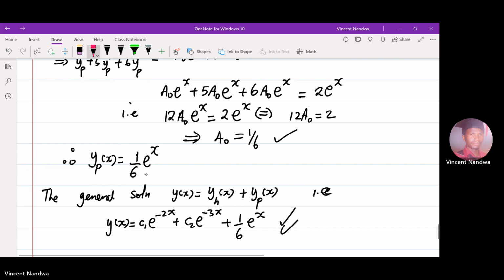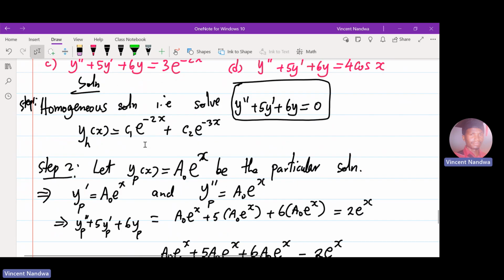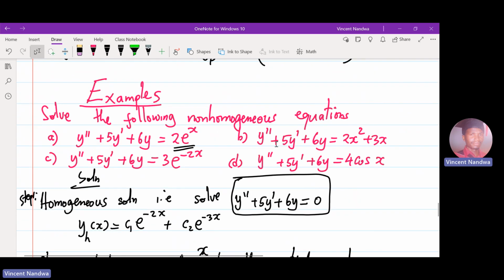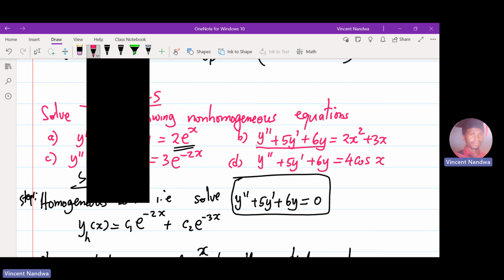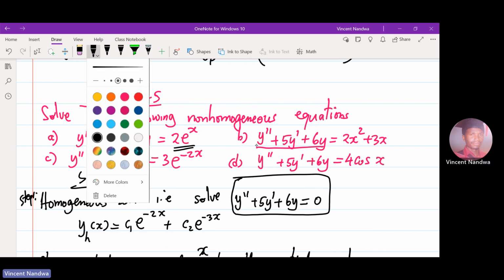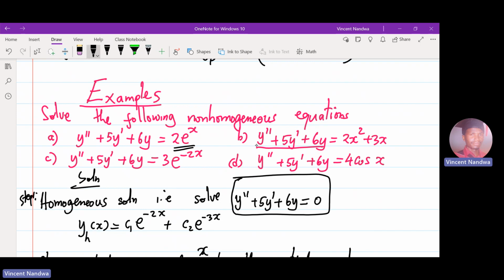So for part B, we are not going to recalculate the solution to the homogeneous part because it's the same structure. When you equate the right-hand side to 0, you see clearly that the resulting homogeneous equation is exactly the same as the homogeneous equation in case A, so the answer will be the same. So in B, we still have the same YH.